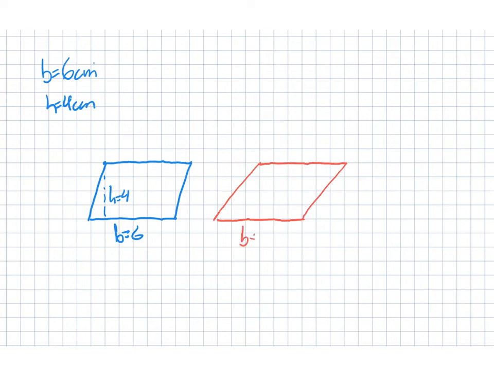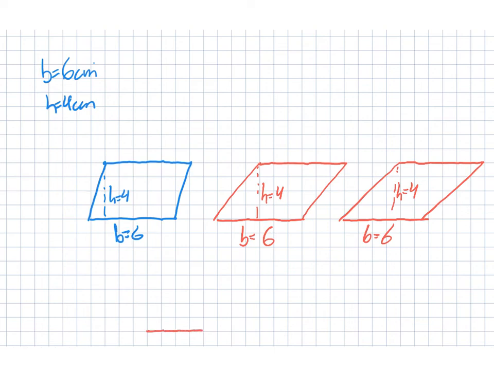But my base is still 6 and my height is still 4. Well, we can keep going this way. See what's happening to my parallelogram: the area is staying the same, but it's definitely taking a different shape.